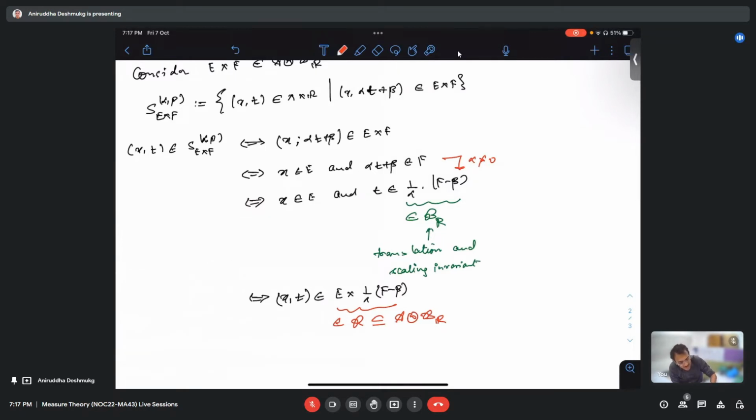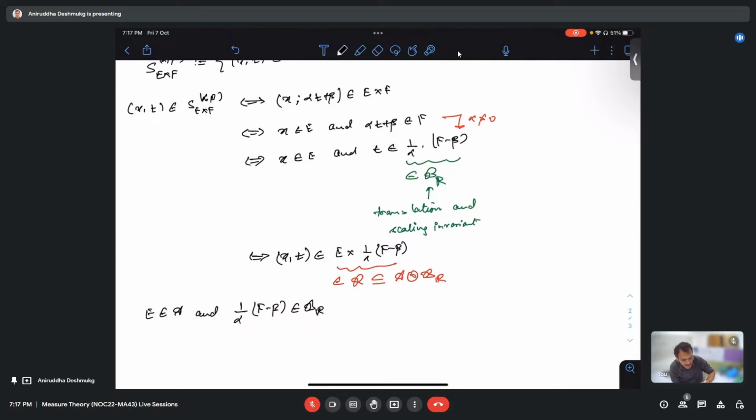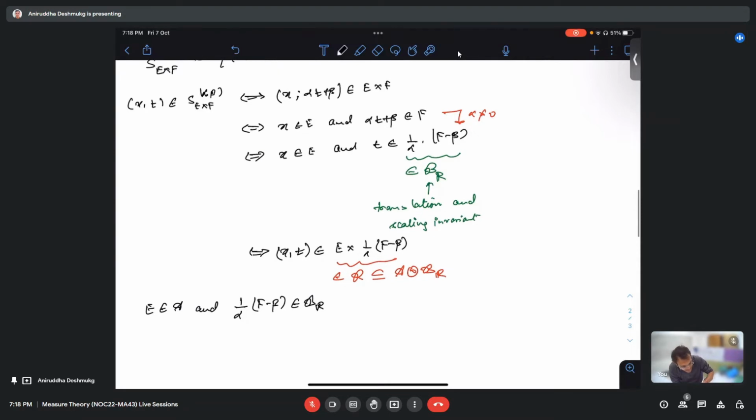Because E is already in A, and we have just seen that 1 over alpha F minus beta is a Borel set, so its product is a rectangle. Rectangles are contained in A cross BR. So all in all, if alpha is non-zero, S of E cross F, alpha, beta, I can write as E cross 1 over alpha F minus beta, and this is inside A cross BR.